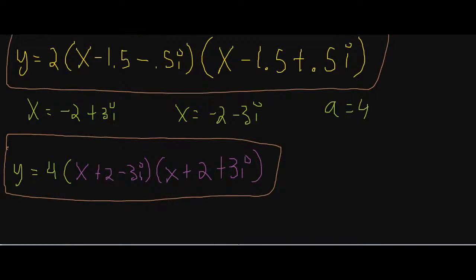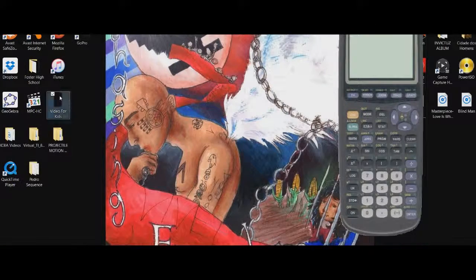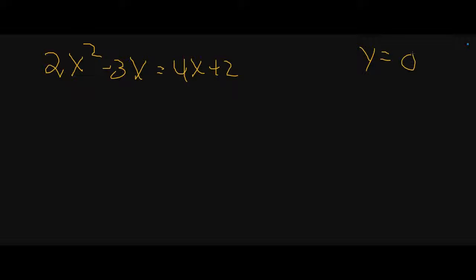One last thing I'll mention before we proceed with this problem: sometimes you get problems like this, 2x squared minus 3x is equal to 4x plus 2. Whenever we see problems like this, like you'll see on the packet, we want our y value to be 0. It doesn't matter whether 0 is on this side or that side.